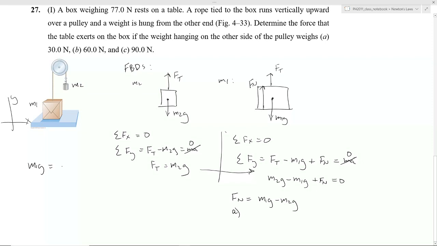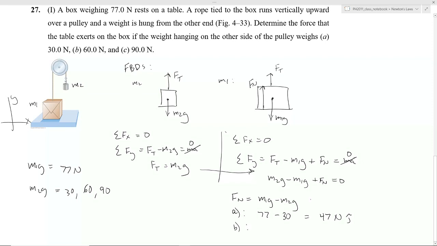M1g is 77 newtons, and then M2g is going to equal either 30, 60, or 90. So for those different cases, this will be 77 minus 30 for A. That gives us 47 newtons, in the j-hat direction, pointing up. And notice this is less than the weight.